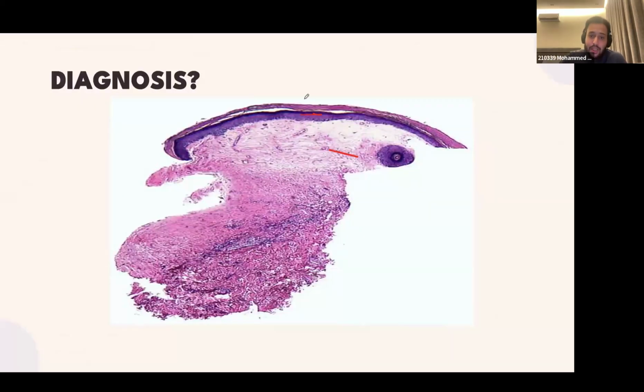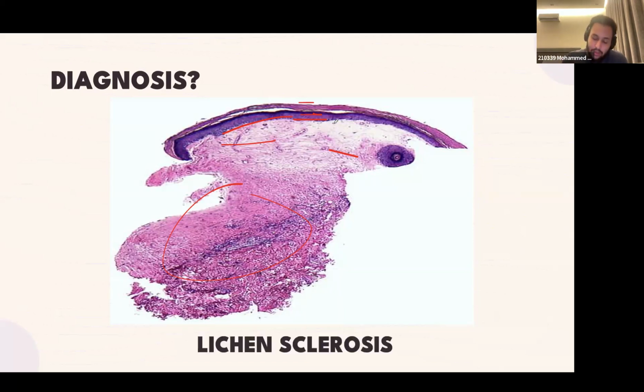Hyperkeratosis with epidermal atrophy. Important feature is this: do you see any rete pegs? Yes or no? Exactly. Loss of rete pegs. No rete pegs, lichen sclerosus. That's pretty important. And you have some lymphocytic infiltration, and so on happening over here. Most important thing is no rete pegs. This has a risk of a certain cancer that we'll talk about later.